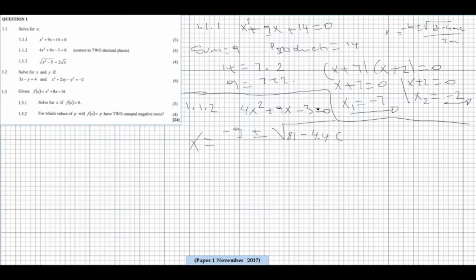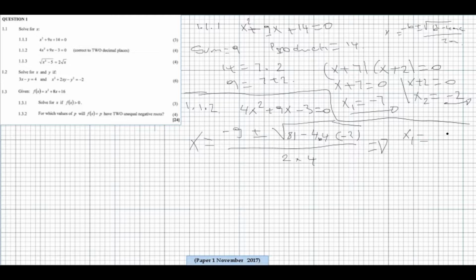The value of c is negative 3. Then I need to divide this by 2 multiplied by a. So I'm going to get two values of x.